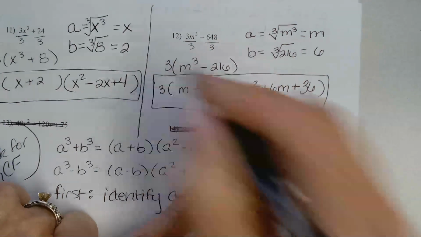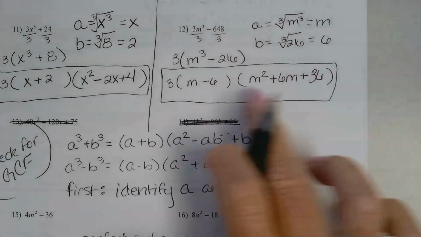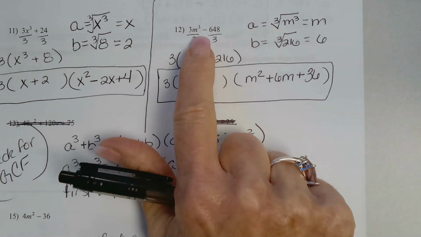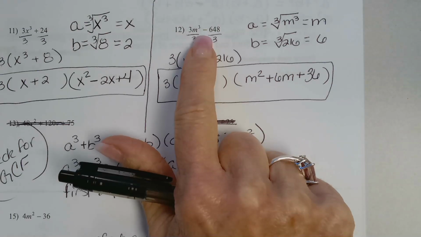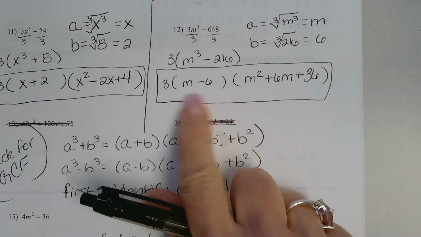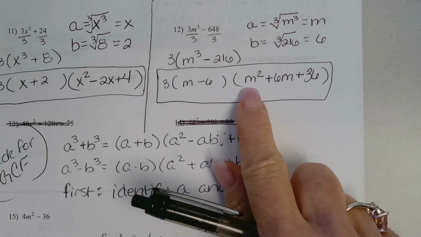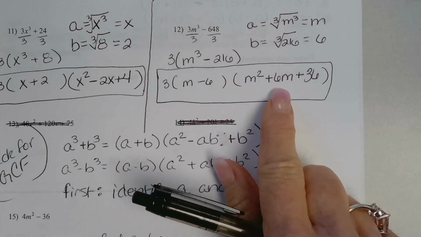Now, some of you may be wondering how this huge thing multiplies to this. Well, if we were to multiply all of this out, we would have terms that cancel each other out. Our m squared would end up canceling out.